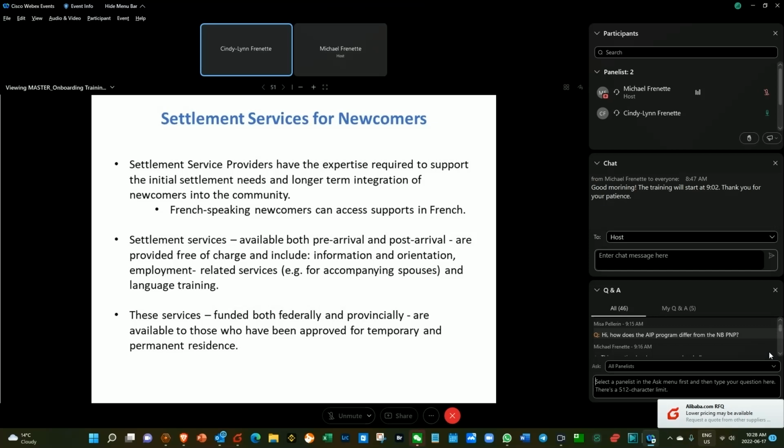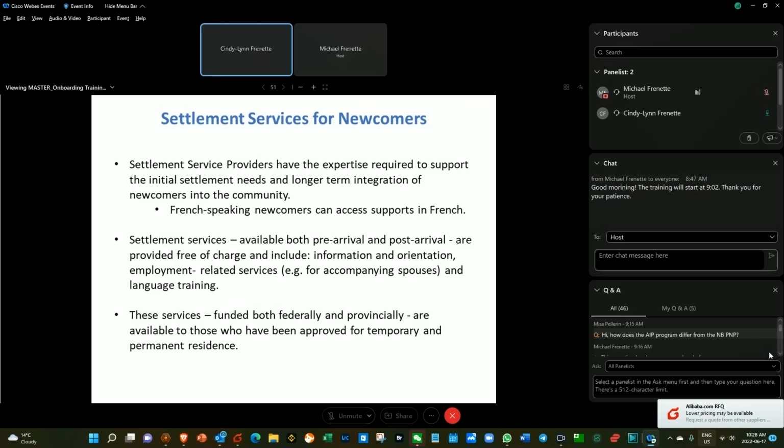For instance, you may have a service provider that is easier to access or closer to your area. And if none are available in your immediate area, there are some who provide distance services, such as services online or by itinerant staff, meaning staff that are located closer to your rural area or that will travel to your location.